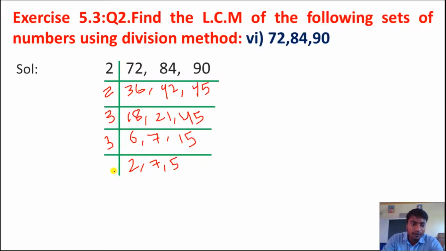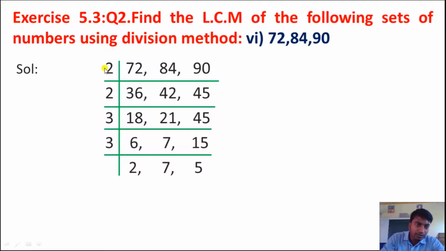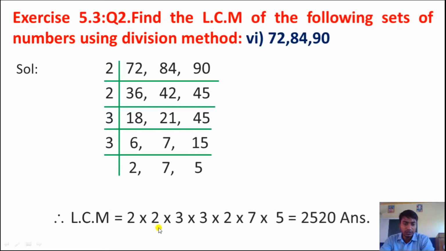Now we don't have any number which divides at least two numbers. So now we will write the LCM. LCM equals the divisors, that means 2 into 2 into 3 into 3, and the undivided numbers 2 into 7 into 5.